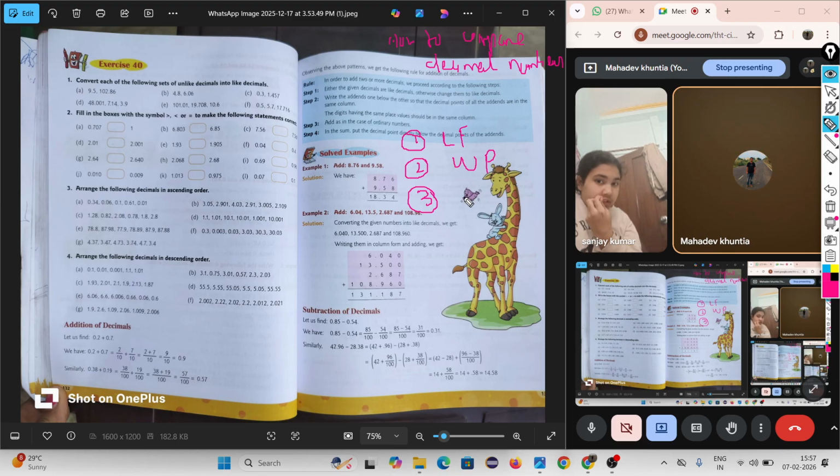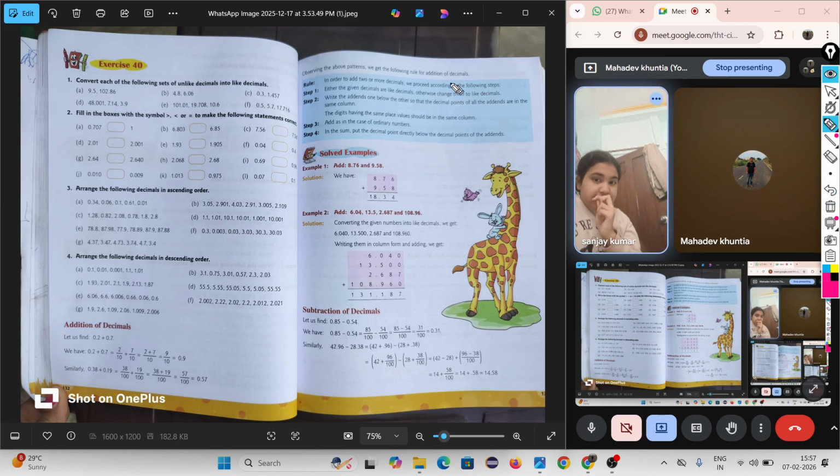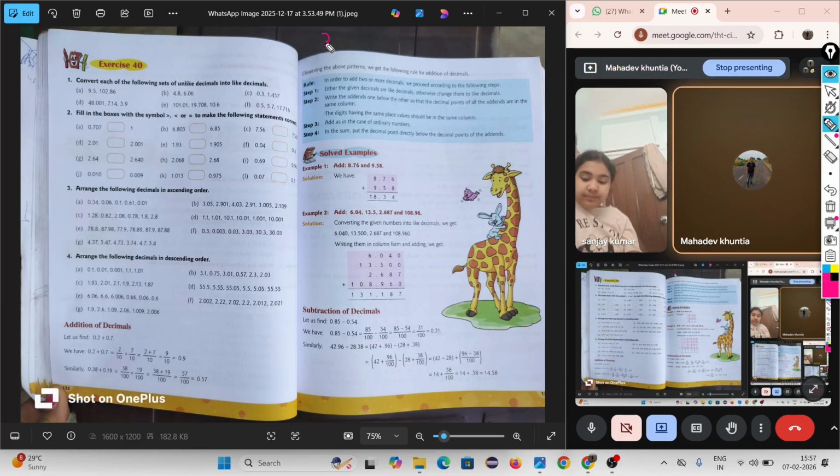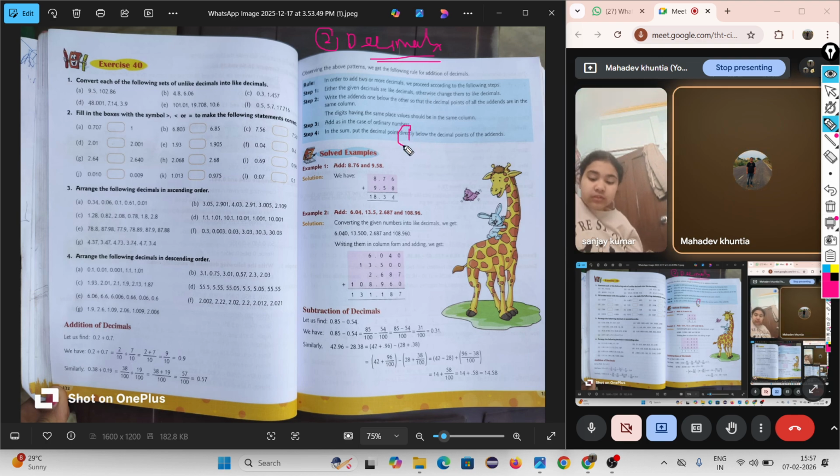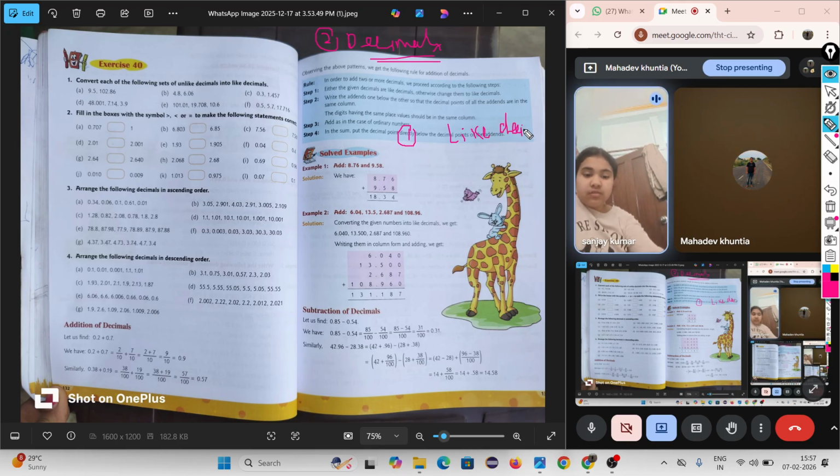Okay. Then we understand how to add decimals. First, same rule number one: convert each decimal into like decimal.